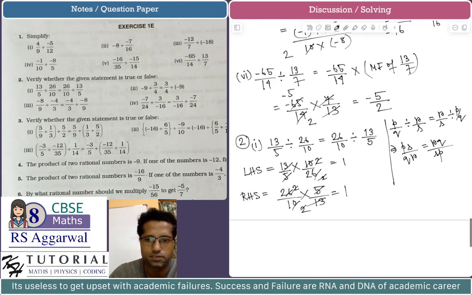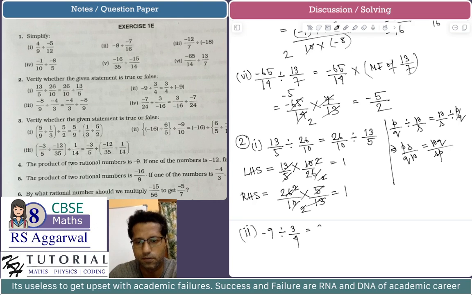Okay, so let's see part 2. It is asking to verify whether minus 9 divided by 3 by 4 is equal to 3 by 4 divided by minus 9.